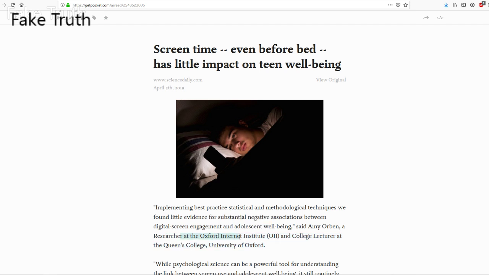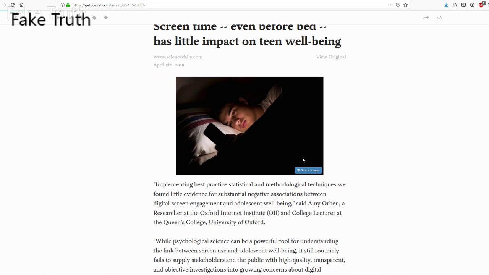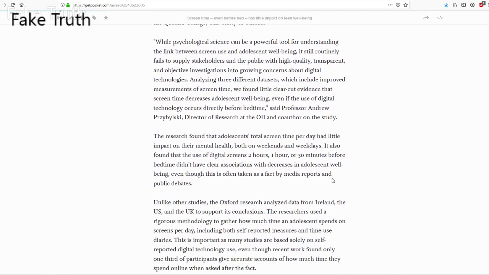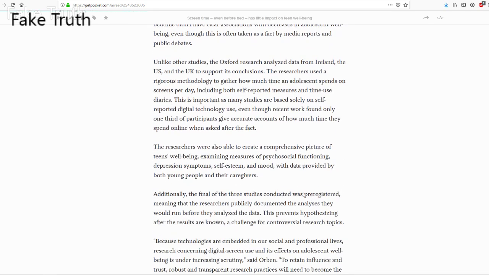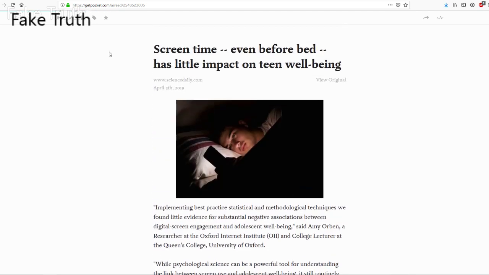Researcher at the Oxford Internet Institute. Right, so you'd have to look them up. Oxford Internet Institute, are they getting paid off by telecom? Where's their funding coming from? Because this just seems bizarre to me.